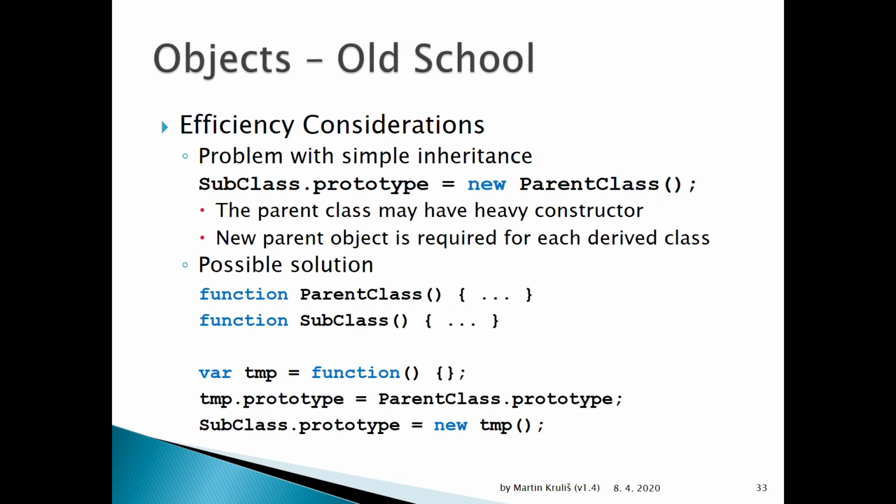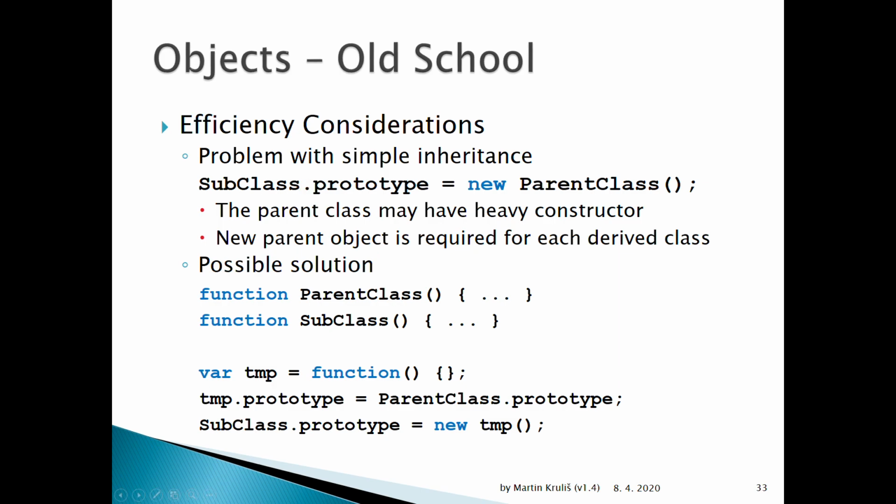So finally, I would like to explain the evolution which took place between these old style constructors and the more modern approach directly using prototyping, which I explained earlier. It goes back to the inheritance problem and to providing objects as prototypes. So let us have a parent class, and we need to create an object of the parent class so we can place it as a prototype of a subclass.